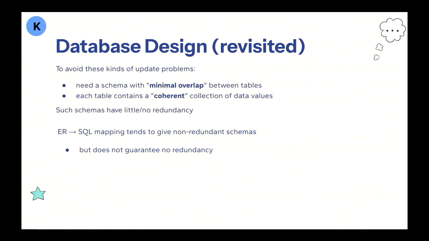We put them into one table and allow some values to be null, and this will also give us some redundancies, because some values are not needed for some subclasses. That's why ER to SQL mapping does not give us a theoretical guarantee of no redundancy.